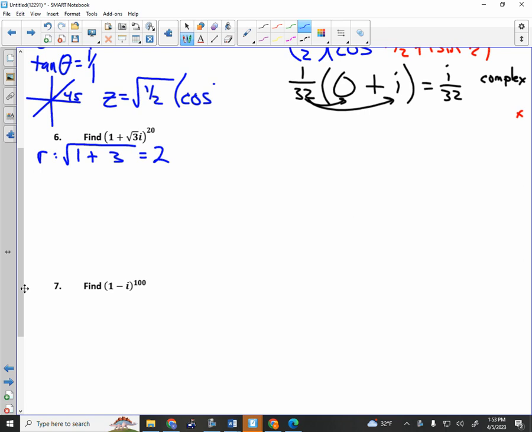Then we find tangent of theta equals root of 3 over 1, which is the root of 3. Where is tangent positive? First and third. Is this the first or the third? First. Please take the inverse tangent of the root of 3 in your brain or on your calculator.